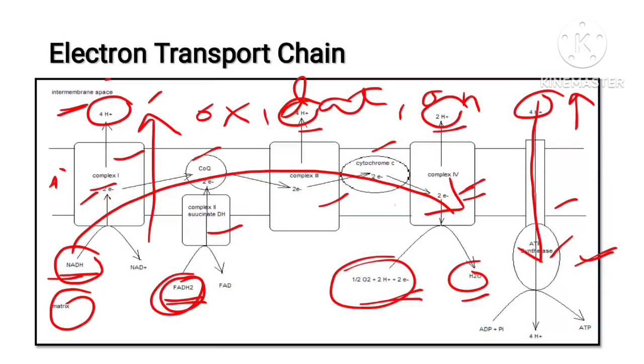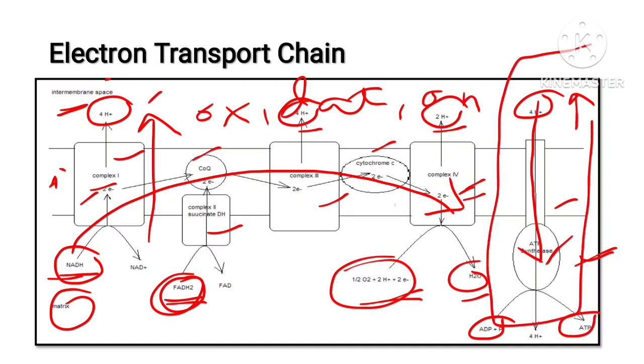Complex 5 allows the protons to enter into the matrix, and simultaneously there is generation of ATP from one molecule of ADP and inorganic phosphate. The process happening at complex 5 is called phosphorylation, and the process from complex 1 to complex 4 is called oxidation.